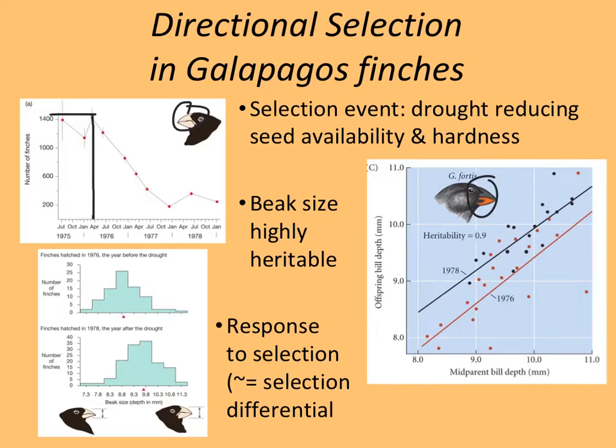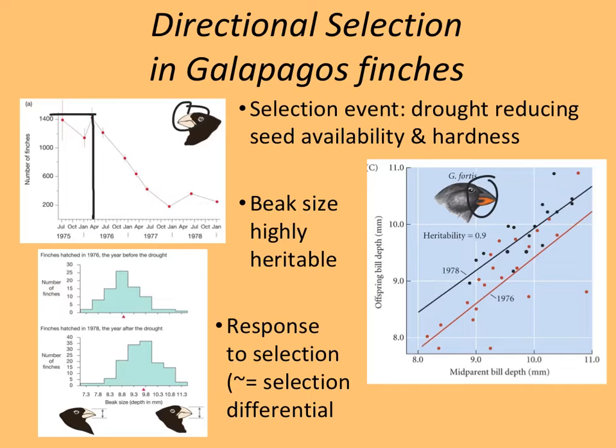And at the beginning of the drought, there were all different kinds of size seeds. Small seeds, medium seeds, large seeds. The smaller and medium-sized seeds got eaten first. They were easier. Only the birds with the biggest beaks could crack the hard seeds.